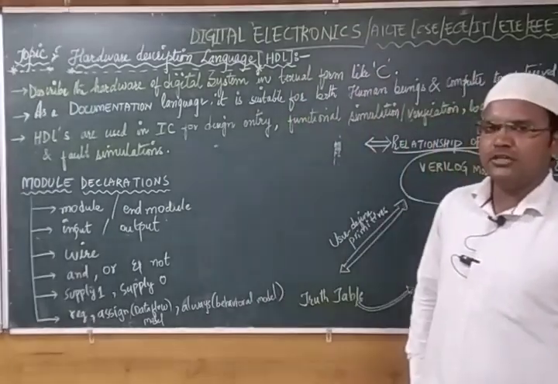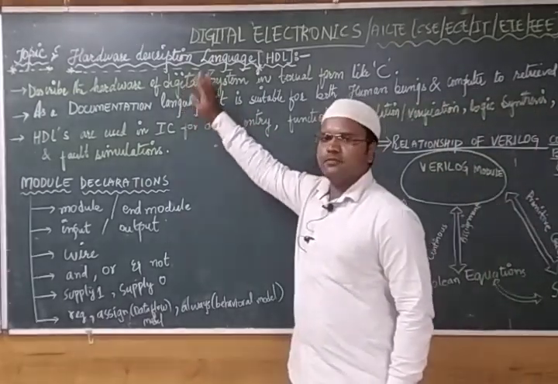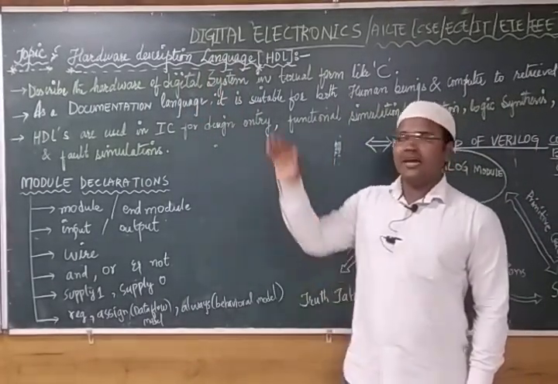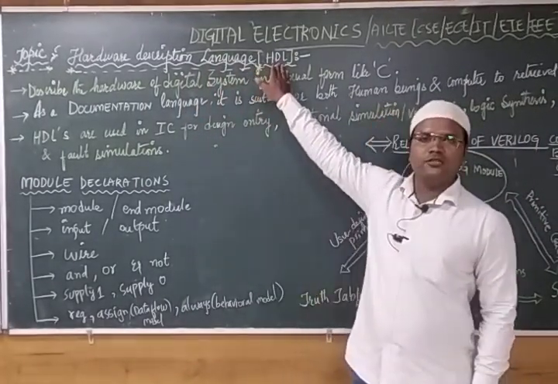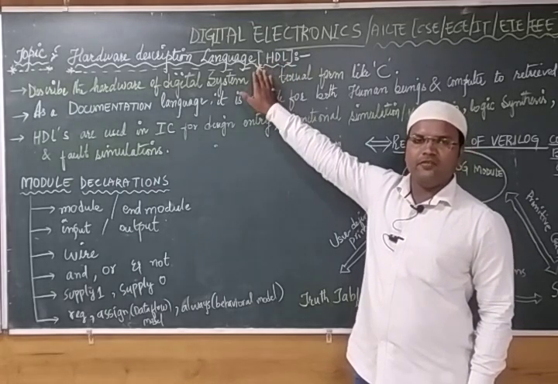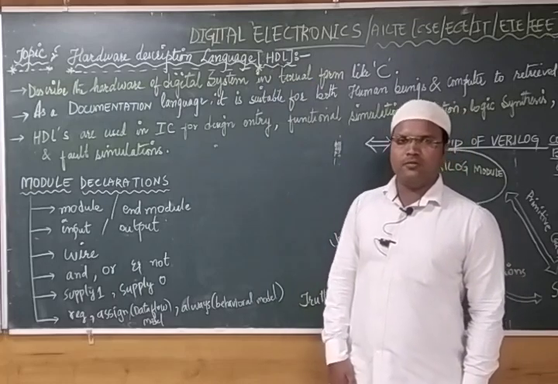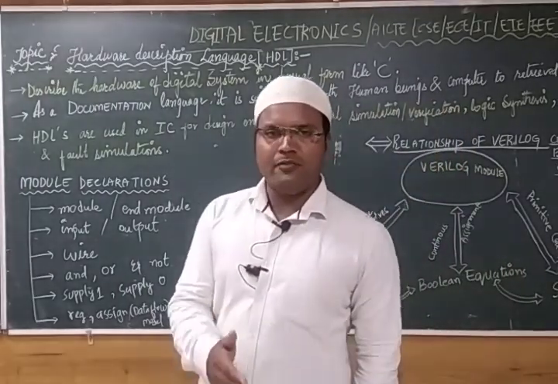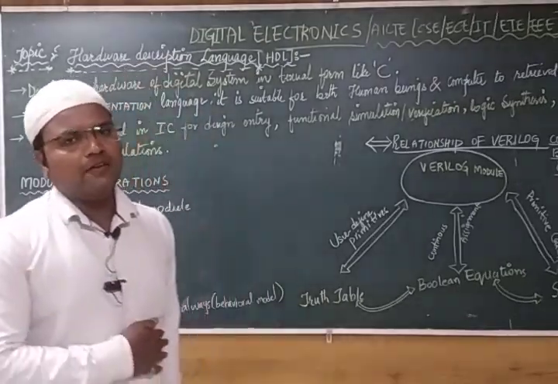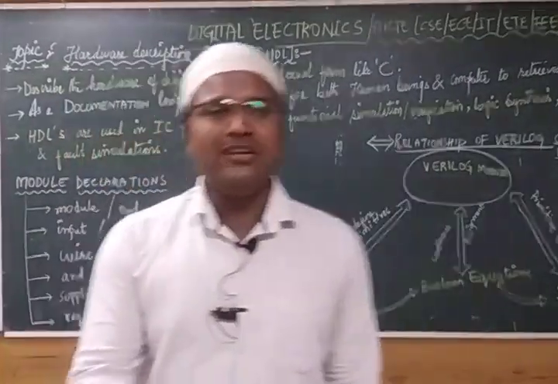Now let us come to today's topic of discussion, the hardware description language. So what is this HDL? HDL is used to design the Verilog code, the Verilog hardware description language. What is a hardware description language all about? This is also one type of high-level language which can be understood by both the computer and human beings easily.